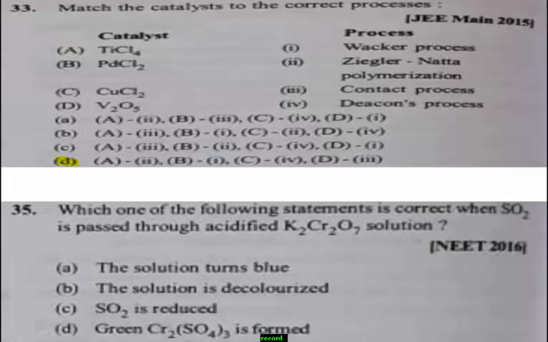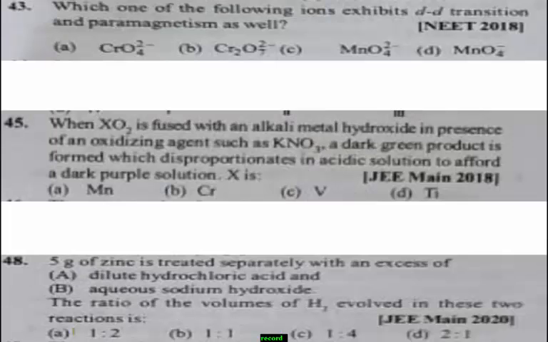Here sulfur dioxide is oxidized to sulfuric acid and potassium dichromate is reduced to chromic sulfate. An orange color of solution turns to green here. Therefore, the correct answer for this question is option D.